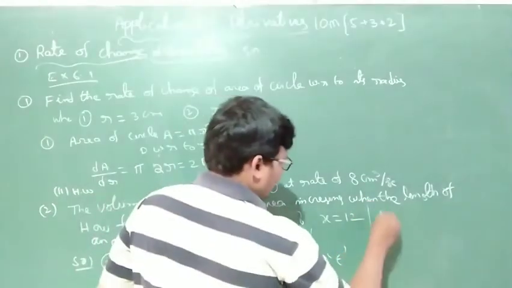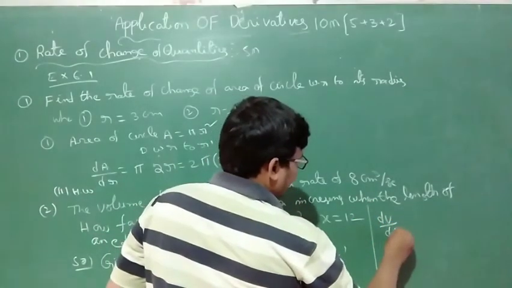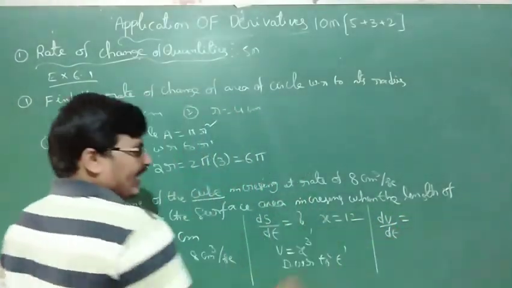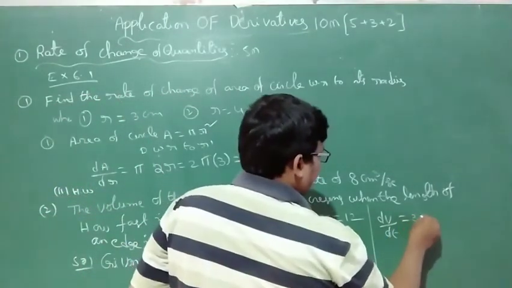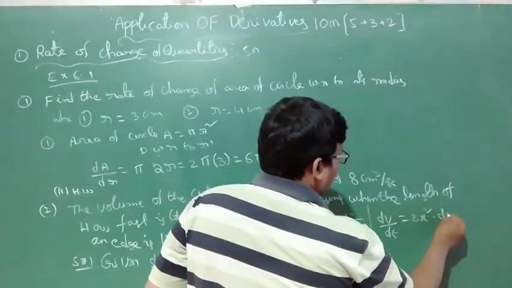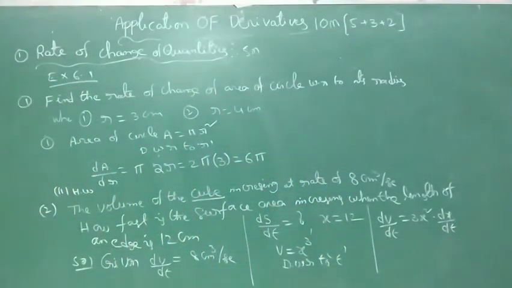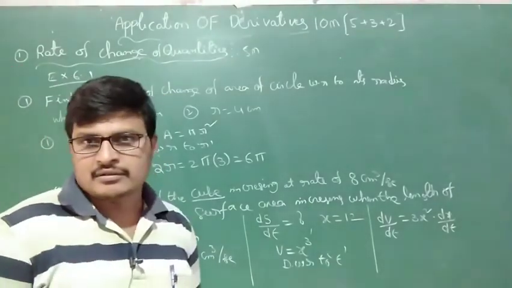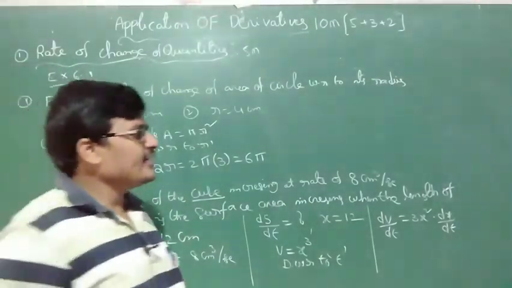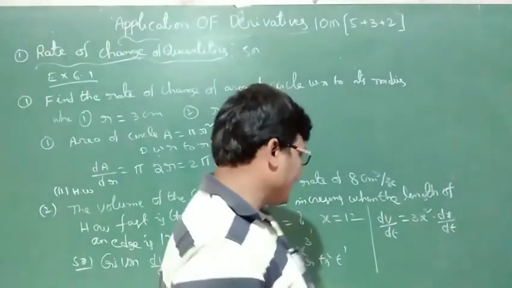So dV by dt is equal to the derivative of x cube, 3x square, into the derivative of x, dx by dt. So dV by dt is equal to 3x square into dx by dt.